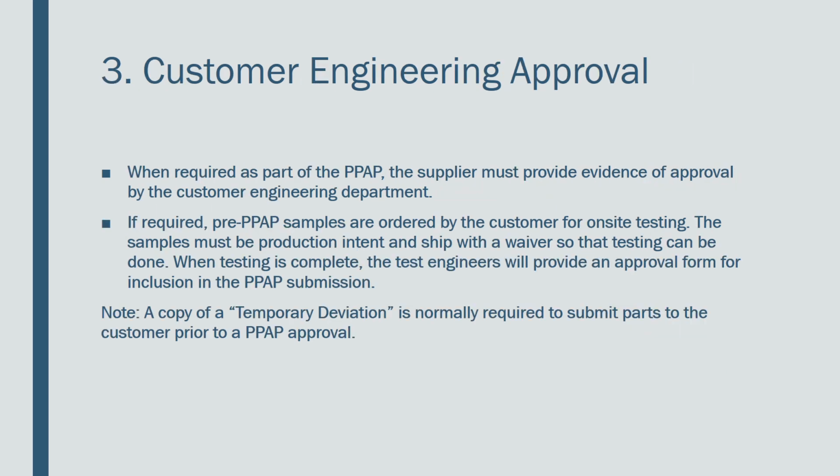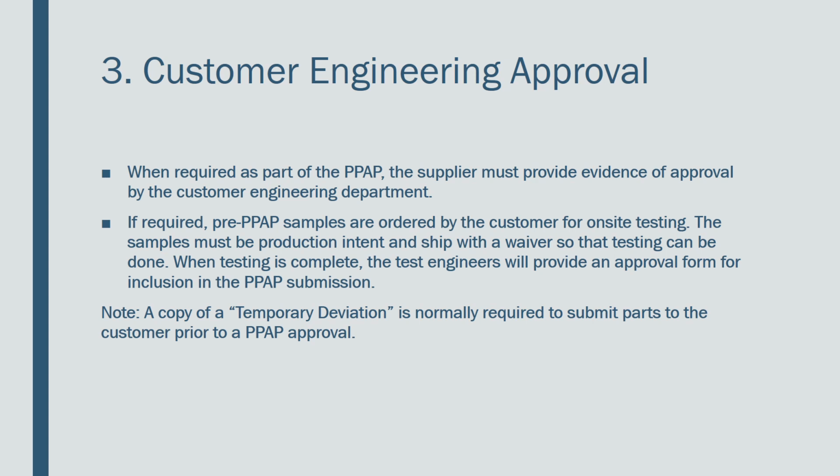The third element is customer engineering approval. The customer engineering approval is required as a part of the PPAP process. The supplier must provide evidence of all approvals. If required, the customer can order pre-PPAP samples for on-site testing. The supplier must produce all the samples and ship them early for testing purposes.